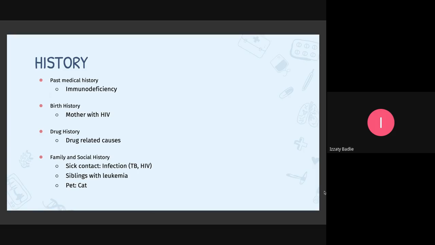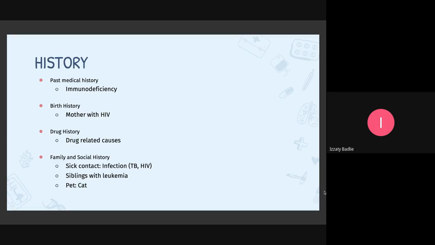For other past medical history, we need to ask about the immunodeficiency of the patient, the birth history, and whether the mother has HIV and does not have knowledge about breastfeeding a baby with HIV infection.